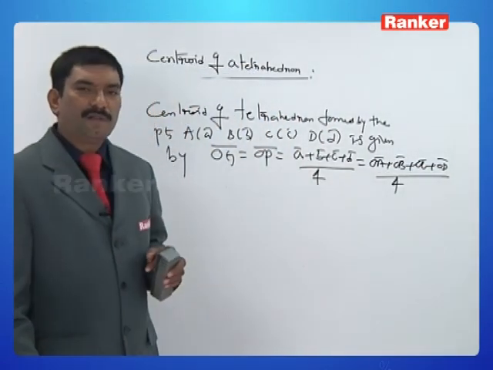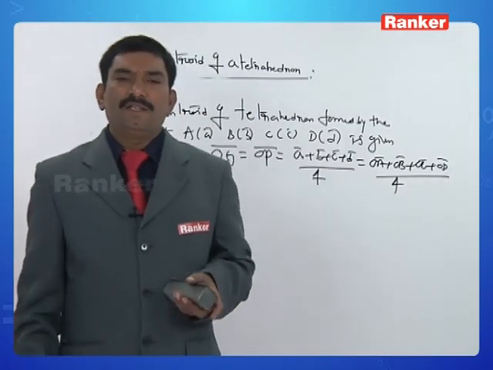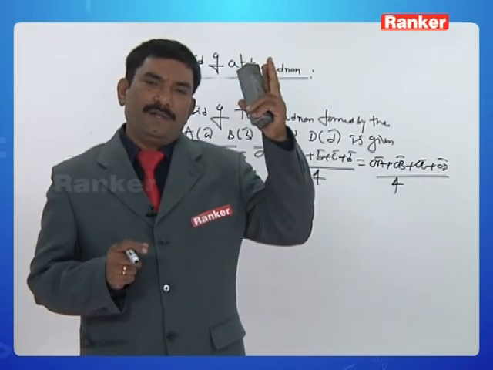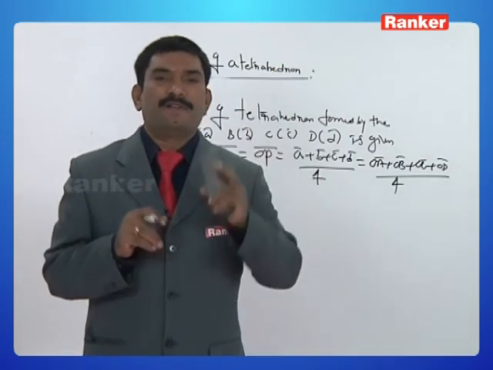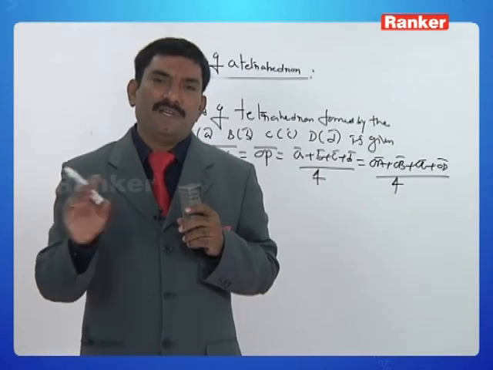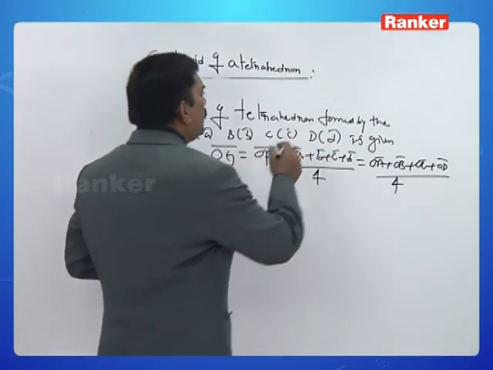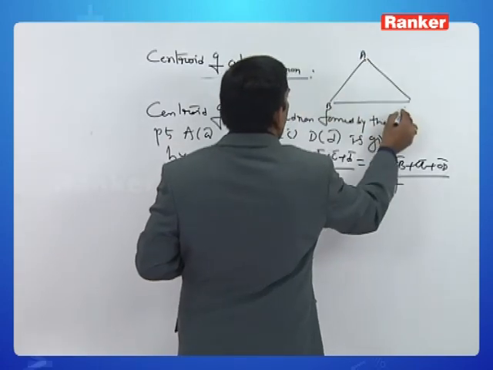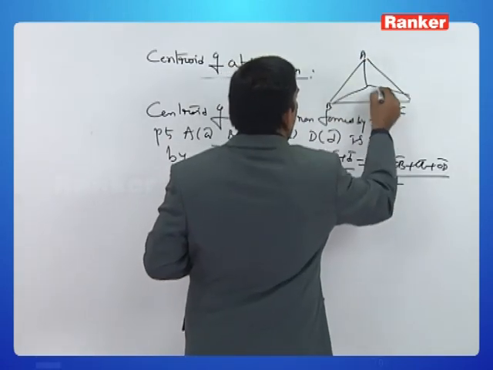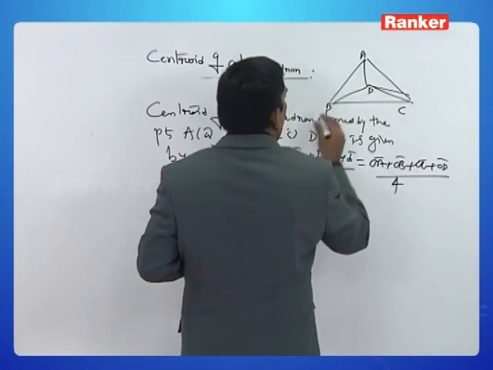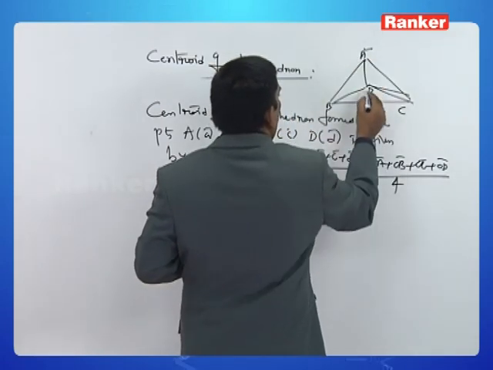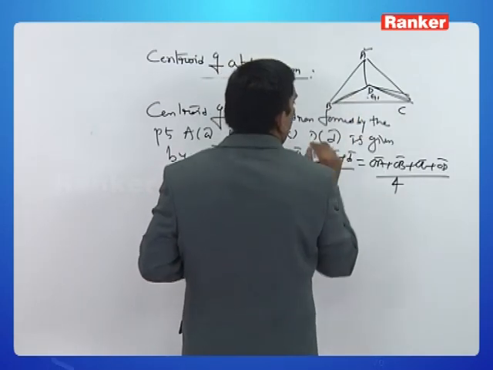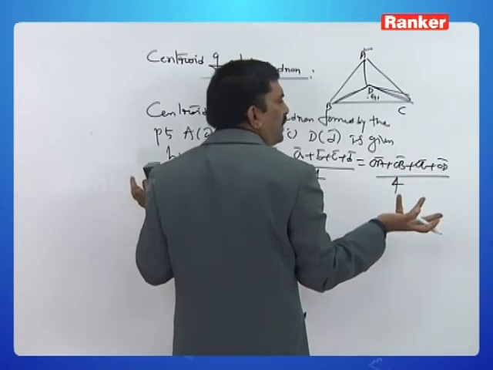From this definition, what we understood is the line joining the opposite vertex to the opposite face centroid. The face is a triangle. Take triangle ABC, with A, B, C, and take D. For opposite vertex A, the opposite triangle is BDC, and its centroid is G1, or G2, G3, G4, as you please.